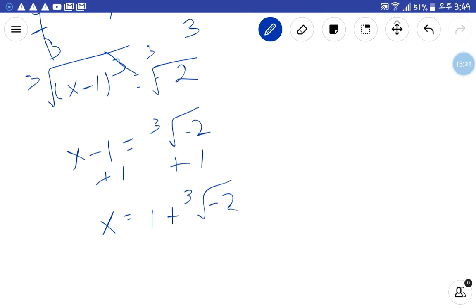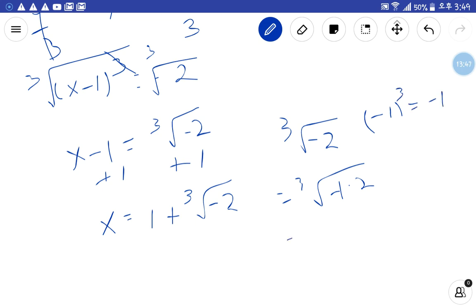But here, when we look at the cube root of negative 2, I can rewrite this part as negative 1 times 2, isn't it? And think about it. Negative 1 cubed: negative 1 times negative 1 times negative 1 is negative 1. So actually, negative 1 cubed equals negative 1.